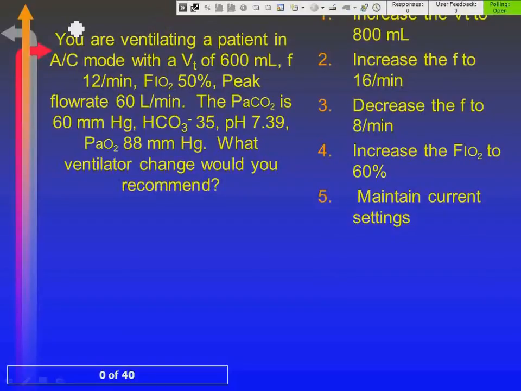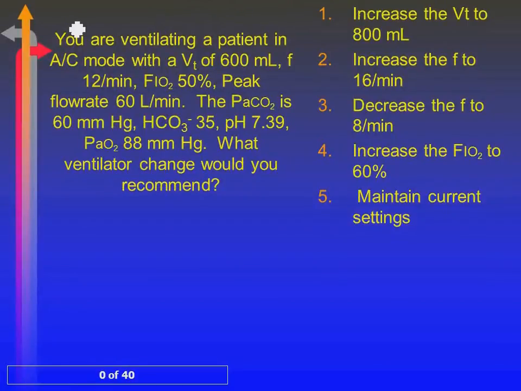So here's the question. You're ventilating a patient in the assist control mode with a tidal volume of 600, rate of 12, FiO2 of 50%, peak flow rate of 60 liters per minute. These are my blood gases. What ventilator change would you recommend? And feel free to use your clickers that nobody's using.